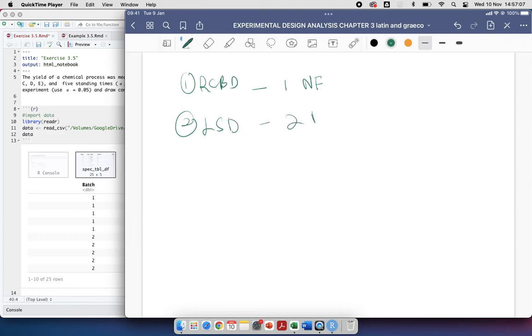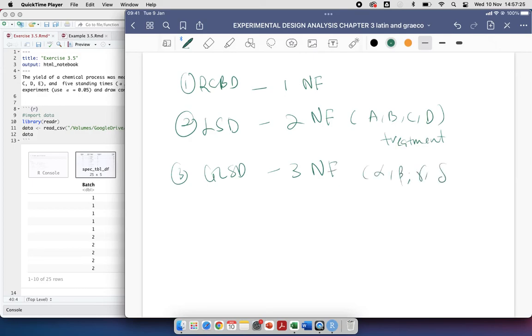You ada 2 nuisance factor, which is dia akan keluar A, B, C, D ni adalah you punya treatment. Okay, and then number 3, you ada Graeco-Latin square design, bila you ada 3 nuisance factor, dia akan keluar Greek letter. Gamma, delta. Okay, ini adalah dia punya nuisance factor yang ketiga. So kena ingat Latin square ni adalah A, B, C, D yang biasa.